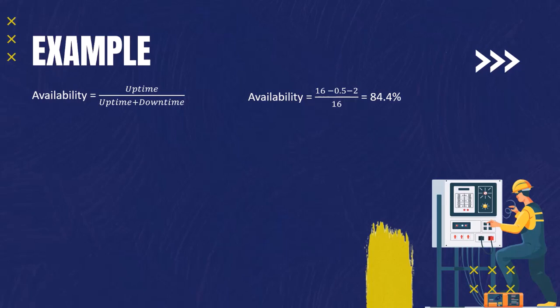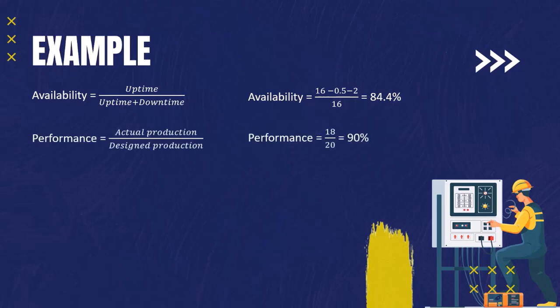Next step is to calculate the performance, and the performance equals the actual production over the designed production, which is 18 over 20, which equals 90%. And finally, we calculate the quality, and the quality is the acceptable production over the total production, which is 49 over 50, because we know that the equipment produces on average 1 defective part out of each 50 units, so the quality equals 98%.